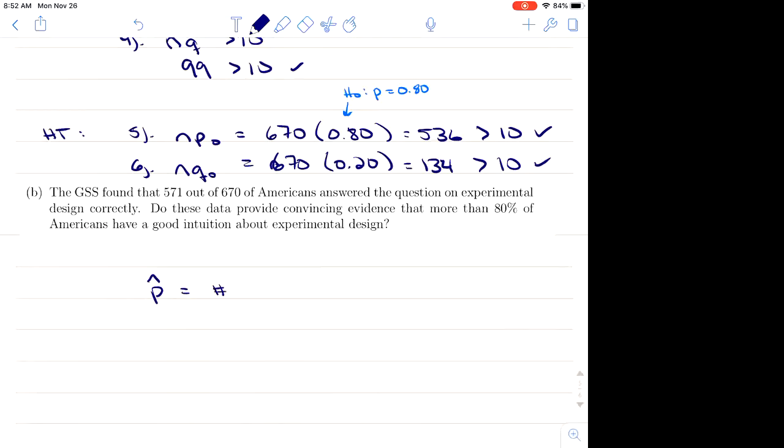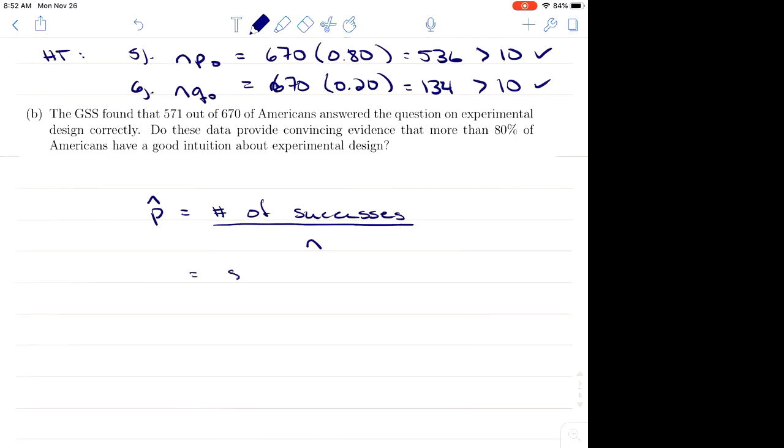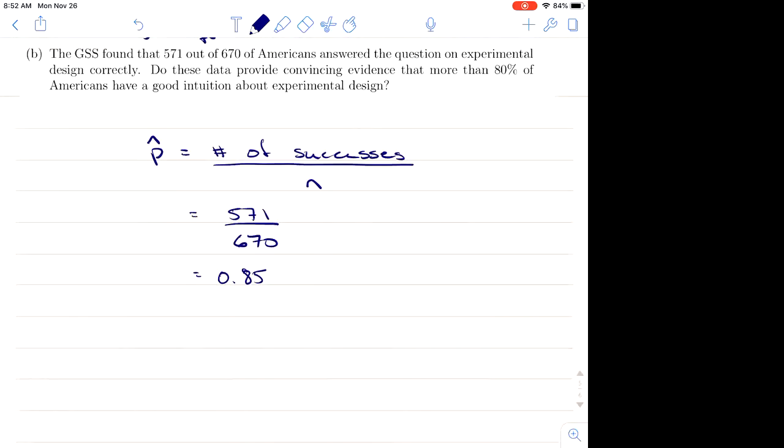P hat is my number of successes over n, which is 571 over 670. 0.8522388806.